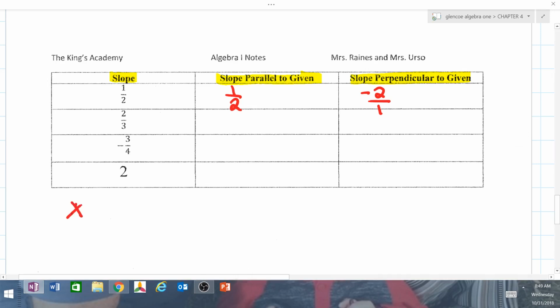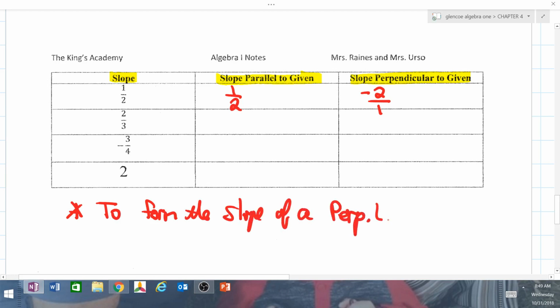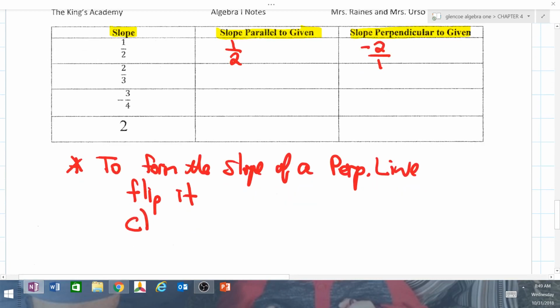Okay, so let's go ahead and give you a tutorial to form the slope of a perpendicular line. Flip it and change the sign. Does that make sense? Yes?